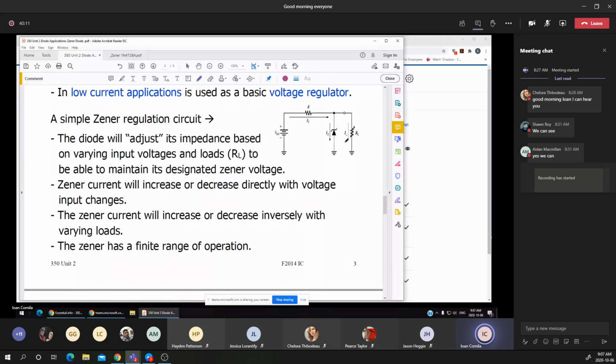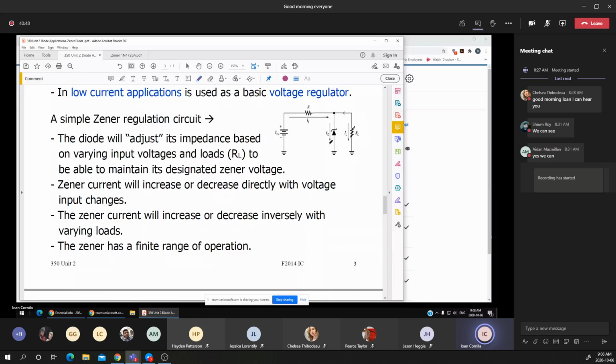Remember that those two branches are connected in parallel. The voltage is the same, meaning the voltage across the RL is the same as the voltage across the Zener diode. In this way, we maintain a constant voltage across the load resistance, or the load of the circuit, positive on the top and negative on the bottom, but the current is variable, depending on the load resistance.